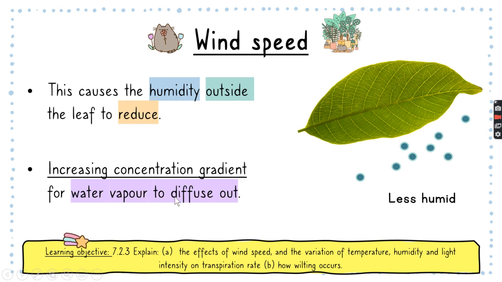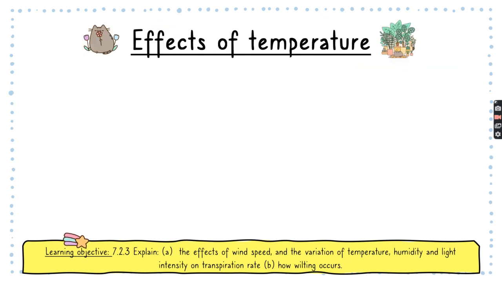That means that diffusion is going to happen much faster. And since diffusion is happening much faster, overall transpiration will be faster as well. So transpiration rate increases with wind speed increasing as well.